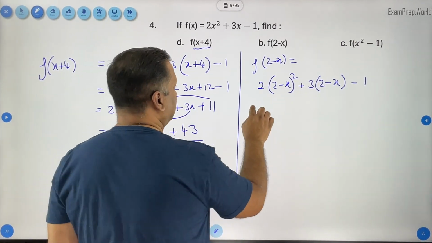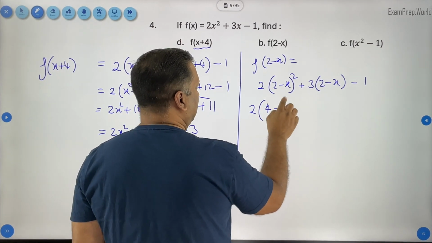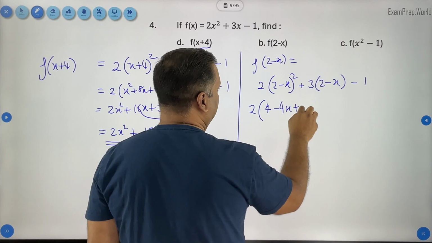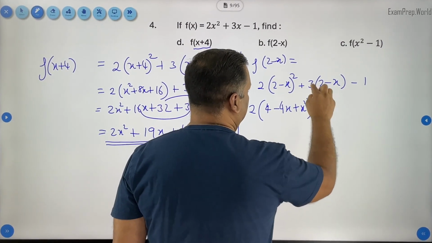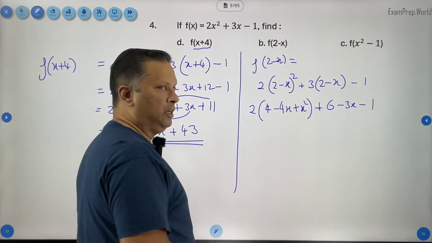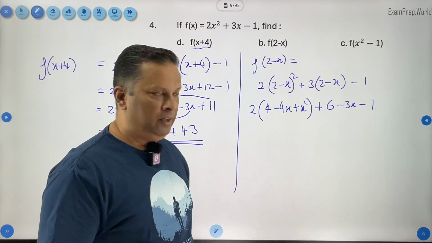Let's do that. Expand this: 2 square is 4, minus 2ab, it is negative 4x, plus x square, plus 3 times 2 is 6, and 3 times negative x is negative 3x, and 1. Right? Now our task is to open this bracket and simplify the like terms.